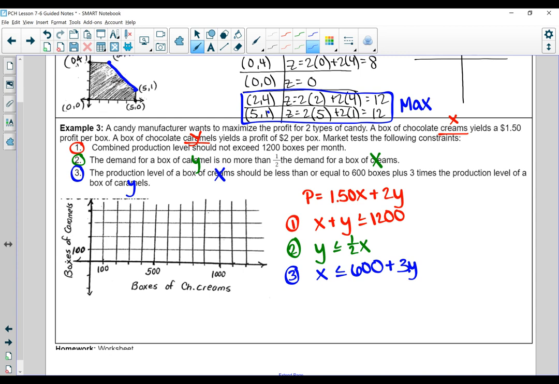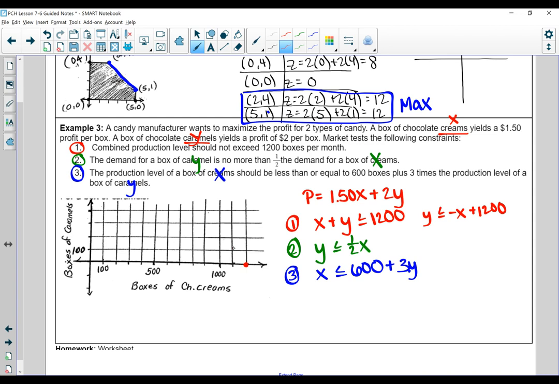So I am going to start graphing this first one in red. I kind of want to think about it as Y is less than or equal to negative X plus 1,200, which means that I'm going to have my x-intercept here.